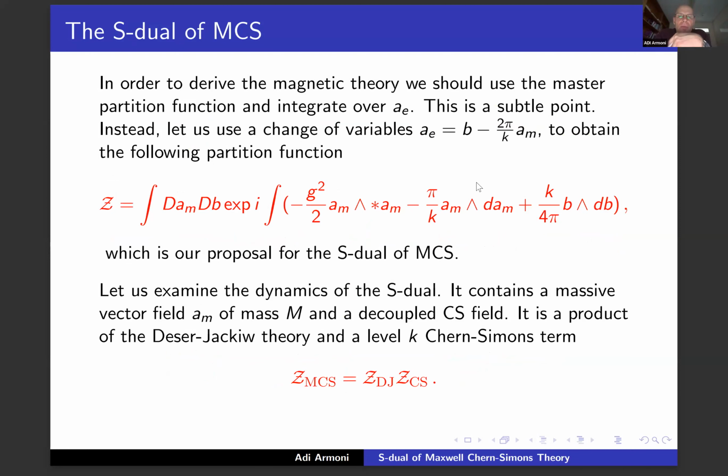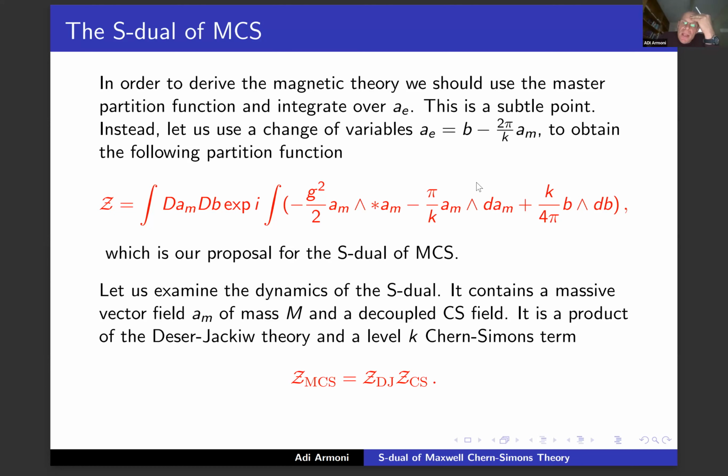So the partition function after the change of variables is dAM dB. AM is a gauge invariant one form. B is a gauge field. Now they decouple. And what we have is two actions. The first action is the Deser-Jackiw action. It is a theory of a gauge invariant one form.